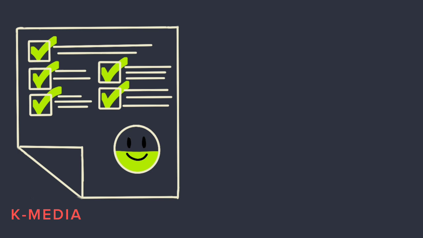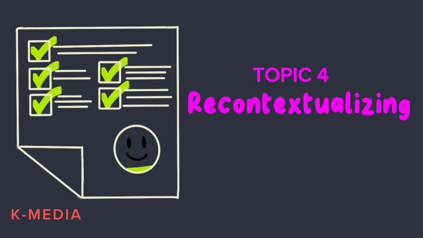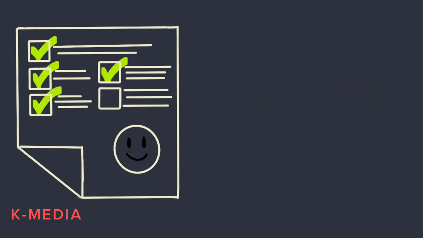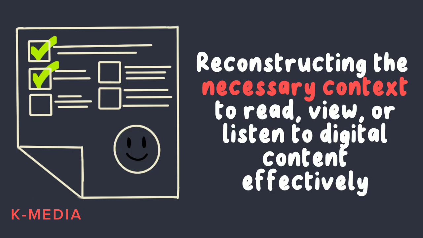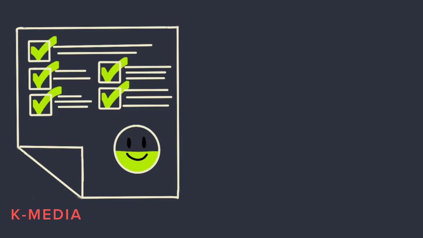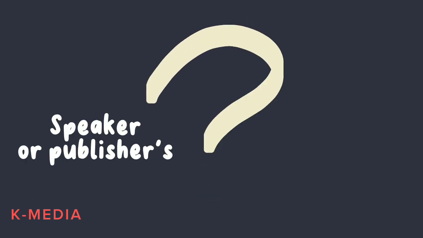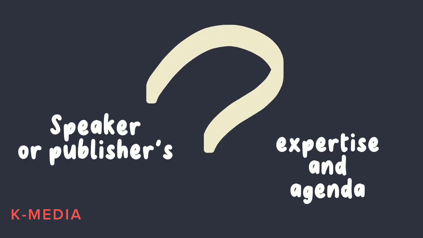In taking these steps, you must consider recontextualizing. There is a theme that runs through all of these moves, and it's about reconstructing the necessary context to read, to view, or listen to digital content effectively. One piece of context is we need to know the speaker or publisher and know what their expertise and their agenda are.